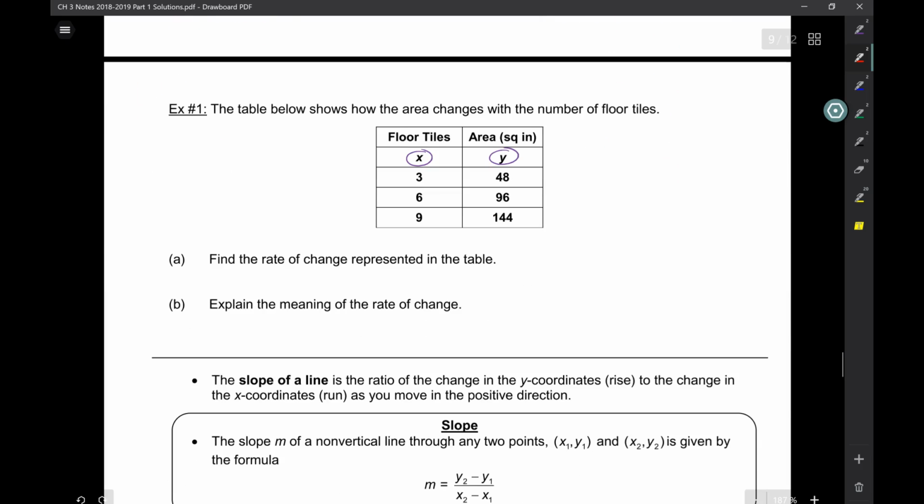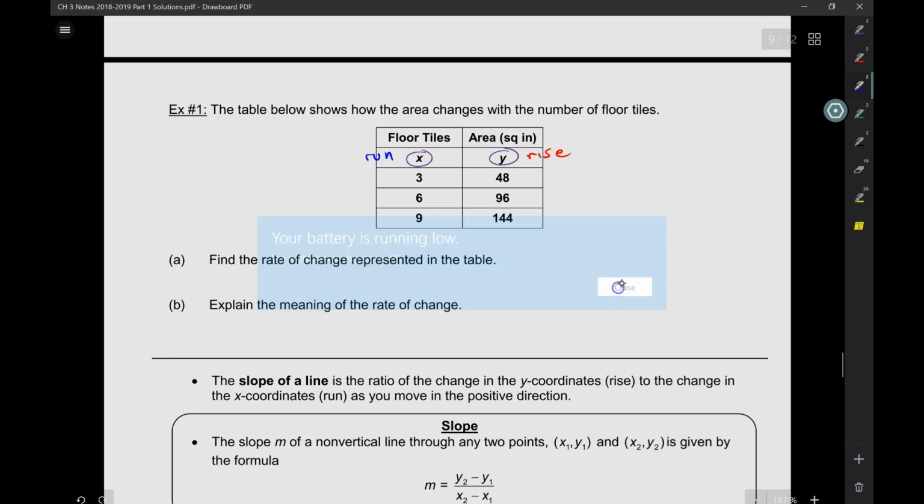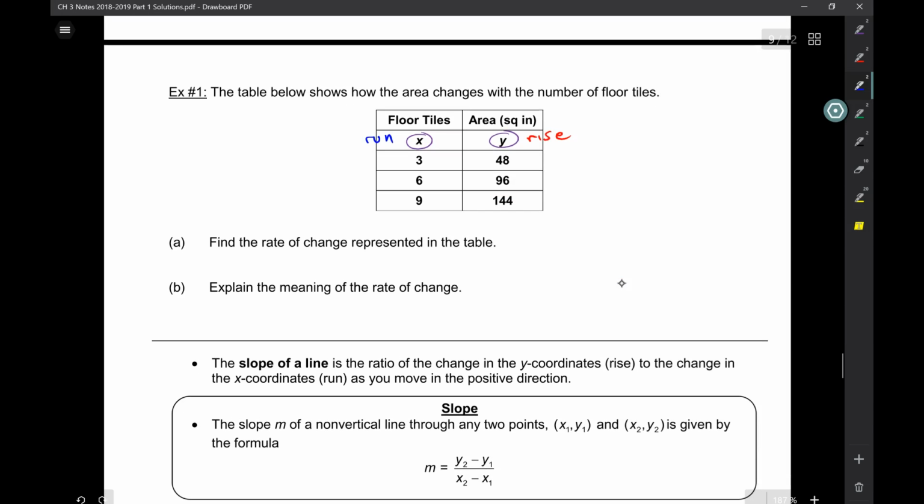And this is the run. That's the horizontal. So now, here's what you do. These numbers represent the run. From each one of these to the other, how much difference is there? Like, how much does the number change? 3.